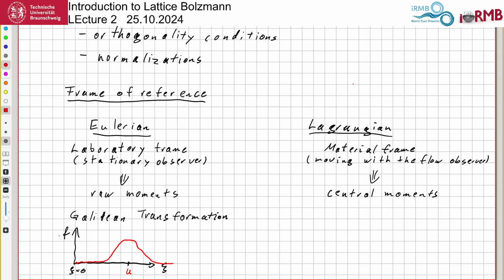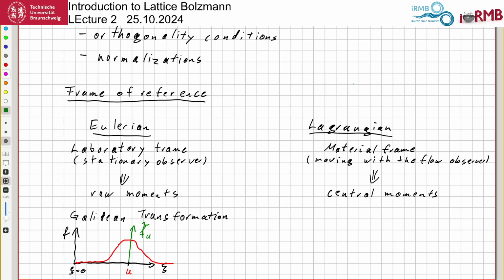And now the difference is if this here is F, the distribution, the population in the laboratory frame, then we can also write the population in the moving frame, and we could call this, for example, F tilde, with respect to the velocity u.